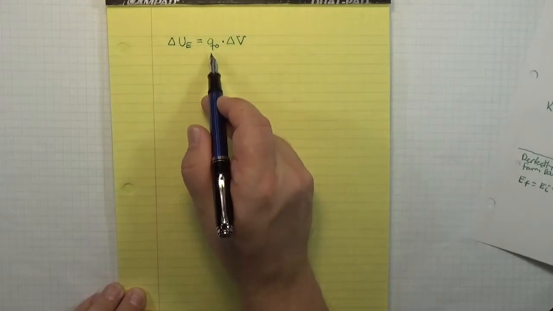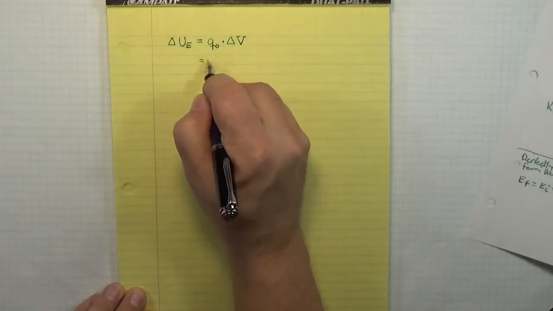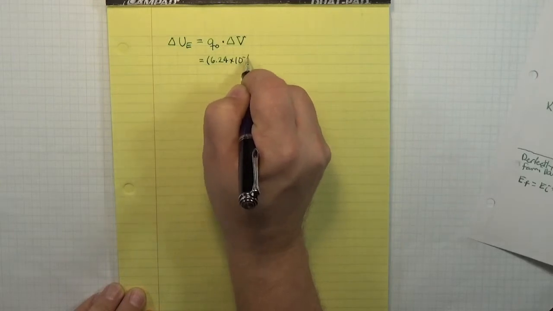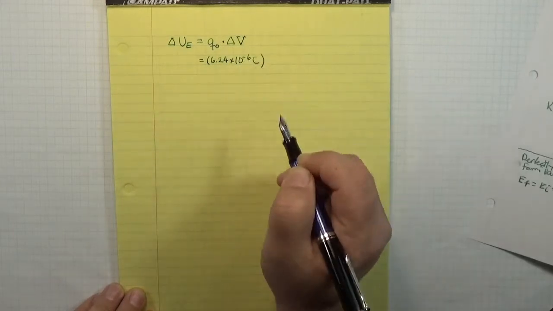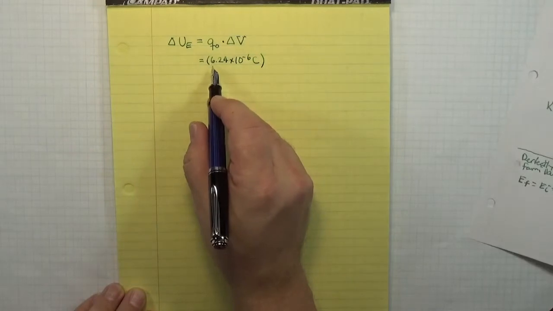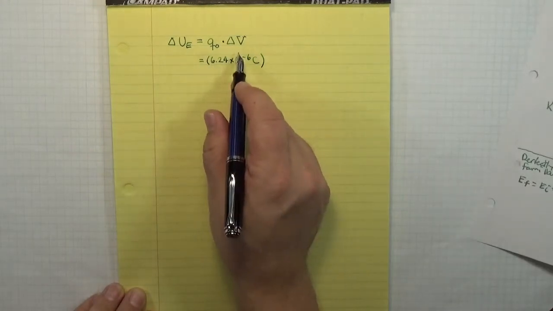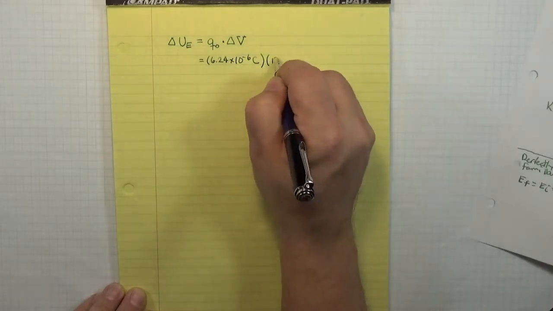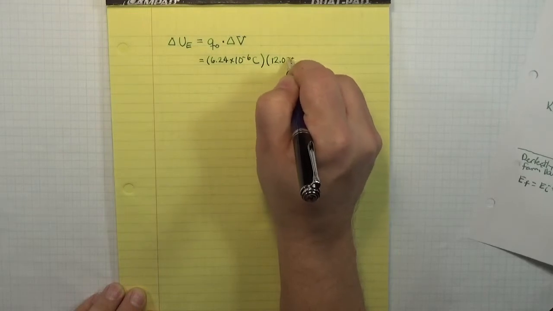The charge is 6.24 times 10 to the minus 6 coulombs, 6.24 microcoulombs. It's positive, and it travels from the positive plate, from the high potential, to the negative plate, to the low potential. So the change in potential that it experiences going from the high plate to the low plate is positive, and I'm told that that potential difference is 12.0 volts.